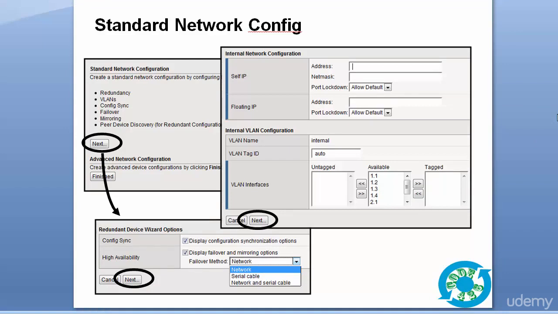The standard network configuration option can create internal, external, and HA VLANs, their self IPs, and the ports for the VLANs. The advanced network configuration ends the setup utility. The user must then manually create VLANs, self IPs, partner addresses, etc.